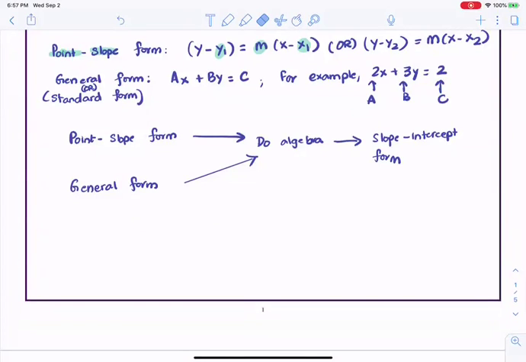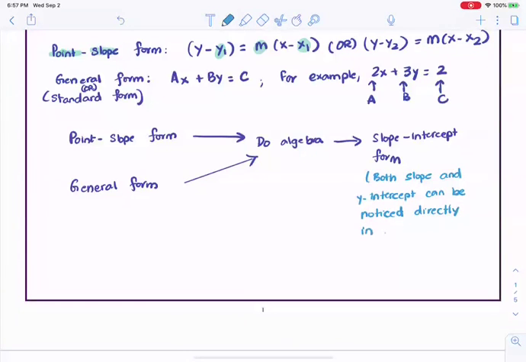So before we move on, the slope intercept form, you can look at the equation and you can get the slope and the intercept just by looking at it.